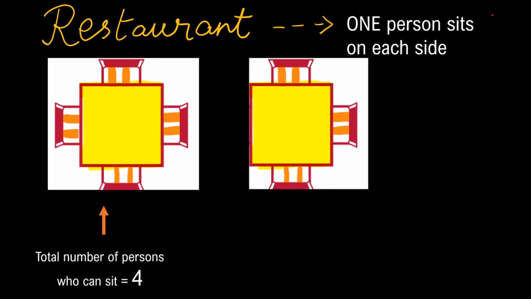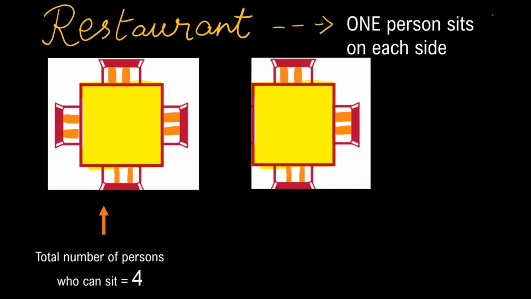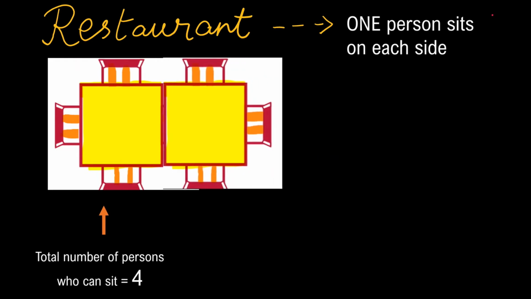Now imagine that the family is large and we want to accommodate more persons. If we join another table to it, you can see that the number of persons around the big table can be accommodated as 6, right?